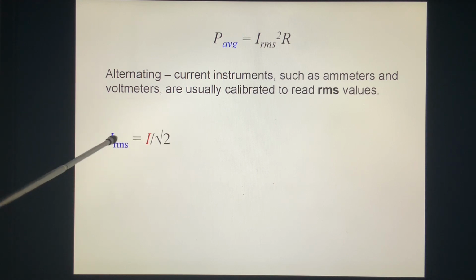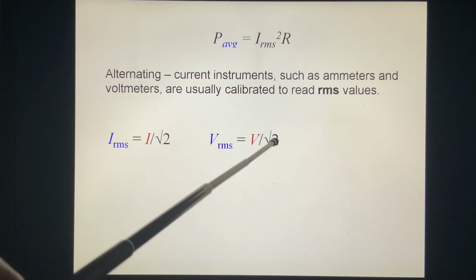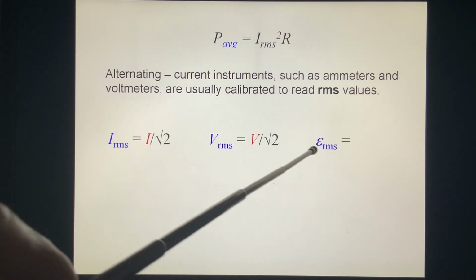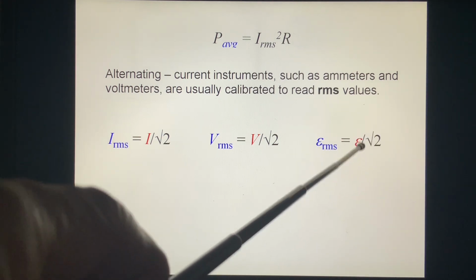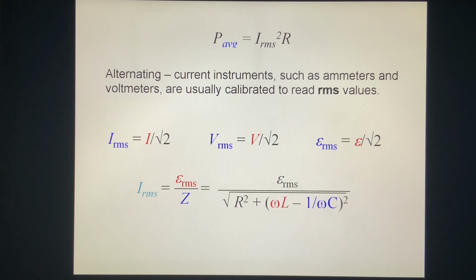And I root mean square equals I over square root of 2, V root mean square equals V over square root of 2, and epsilon root mean square equals epsilon over square root of 2. So we have I root mean square equal to epsilon root mean square over Z. This is our new definition.